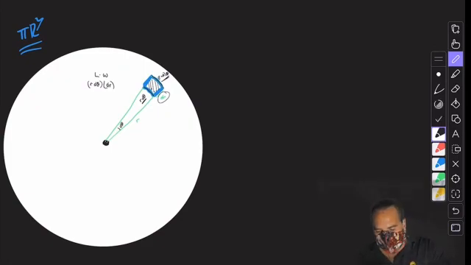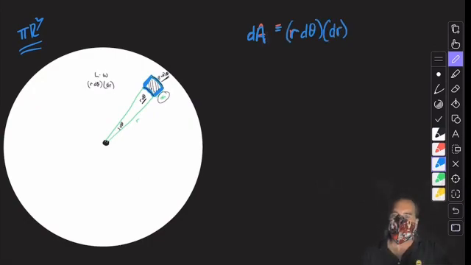if the piece of area is equal to r d theta times dr, then I could find the entire area by taking the integral.